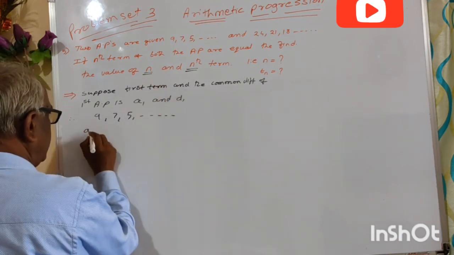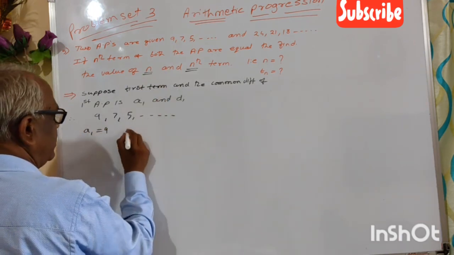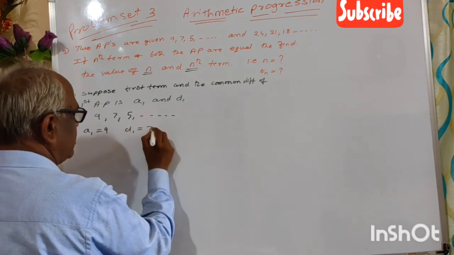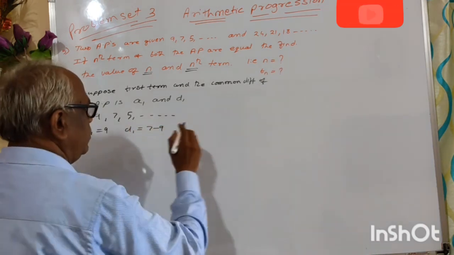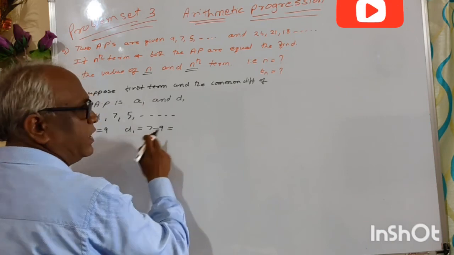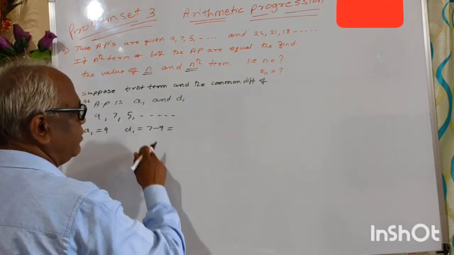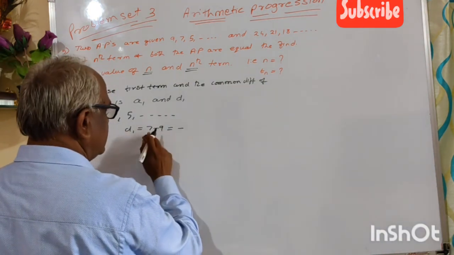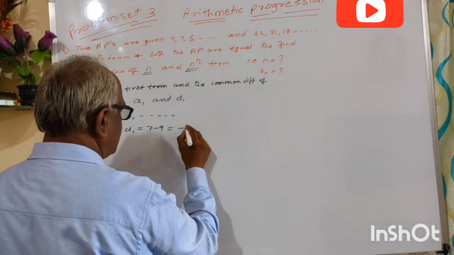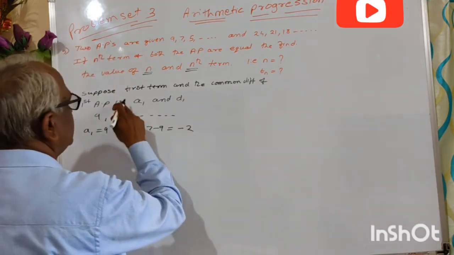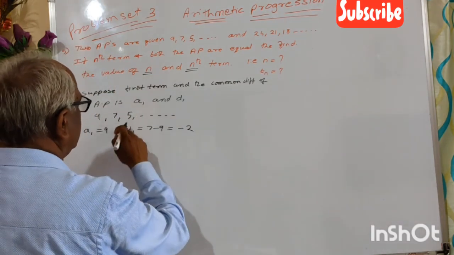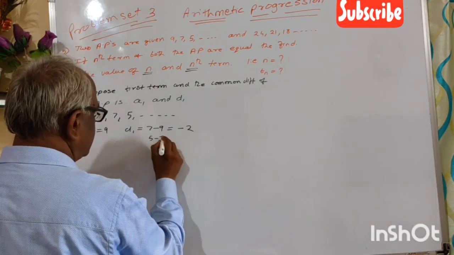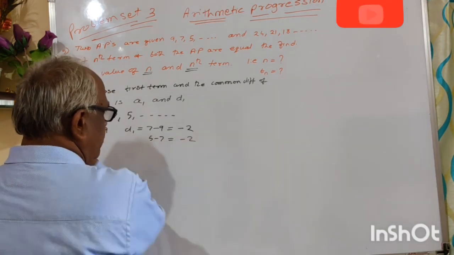In this, A1 is equal to 9 and D1 is equal to 7 minus 9. You are subtracting, so keep the greater number's sign, that is minus, 9 minus 7 is 2, so we will get minus 2. You can check with the other one, 5 minus 7, which is equal to minus 2.